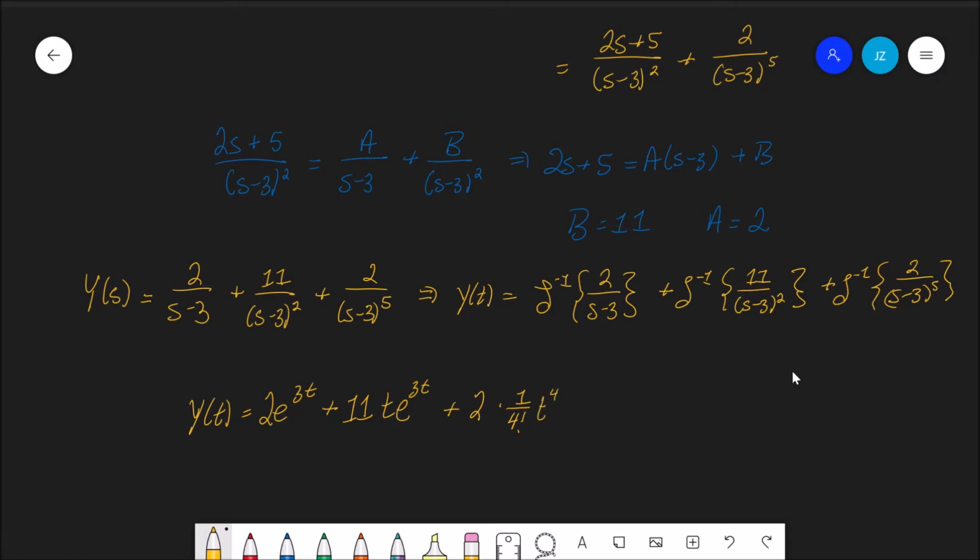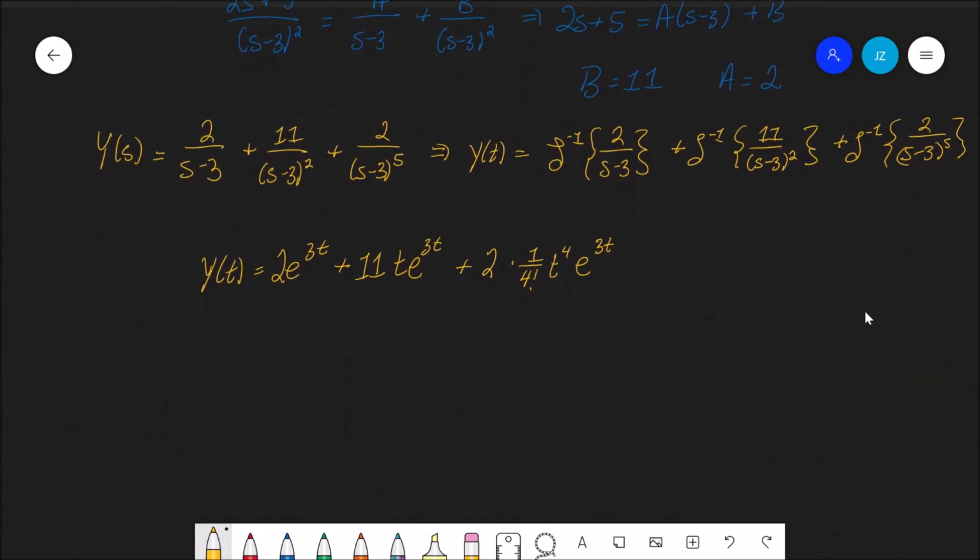And then the translation theorem says this will be e to the 3t. So 4 factorial is 24. So as our final solution, e to the 3t all times 2 plus 11t plus a 12th t to the 4th.